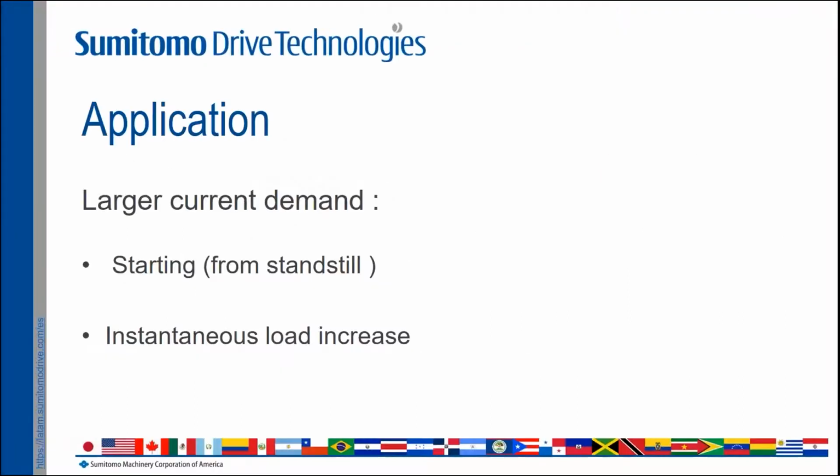Then the application. This is where the current plays a key role in the size of the drive. You can have a larger current demand in the process. For example, in some moments the process may require more mechanical torque during some periods. This will require more current from your motor, and the load will increase for the drive.